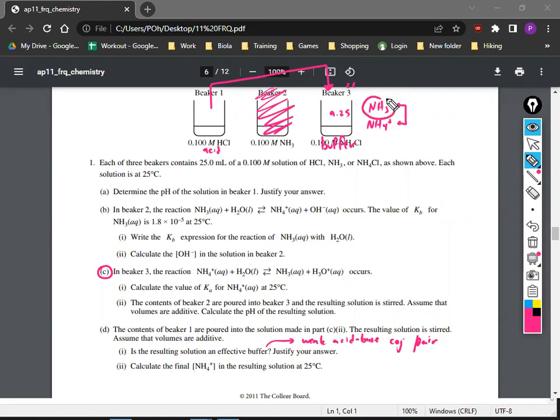So the HCl will react with the NH3. Since it's a strong acid, the reaction is going to go basically to completion. You're not going to have any more base because the acid will react with all of it. Therefore, once you mix everything together, the only thing that you really have is an acid. And so the answer is no, it is not an effective buffer because the HCl will react with NH3. The only thing that you'll really have left over in the solution is NH4 plus, which is an acid.